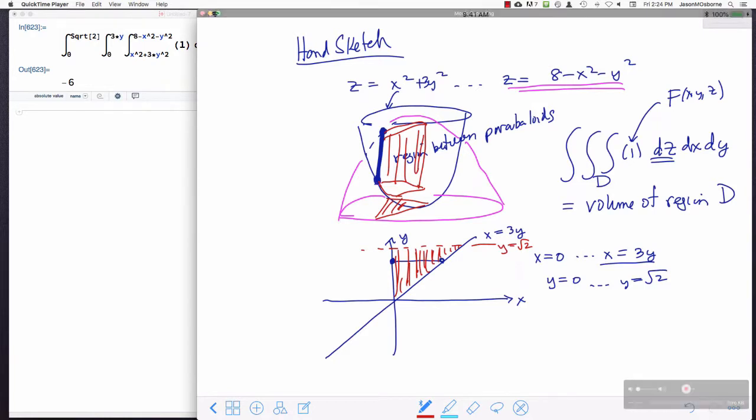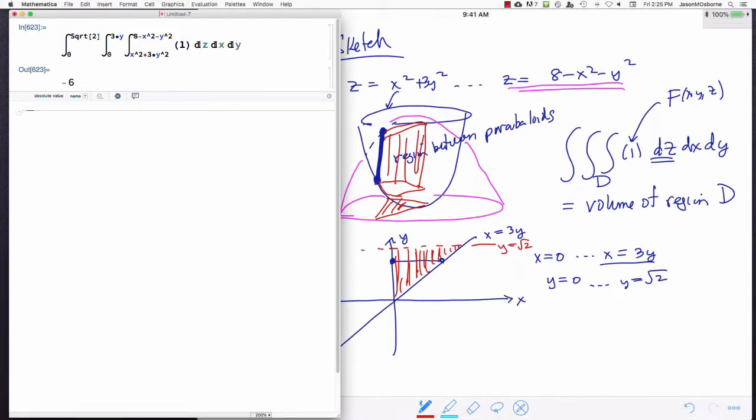So that means that we have some sort of net negative volume. Okay. So let's take a look at the plot that we have going on here. We can use RegionPlot3D, and we're getting that z is bigger than x squared plus 3 times y squared, and z is less than the paraboloid that opens downward.